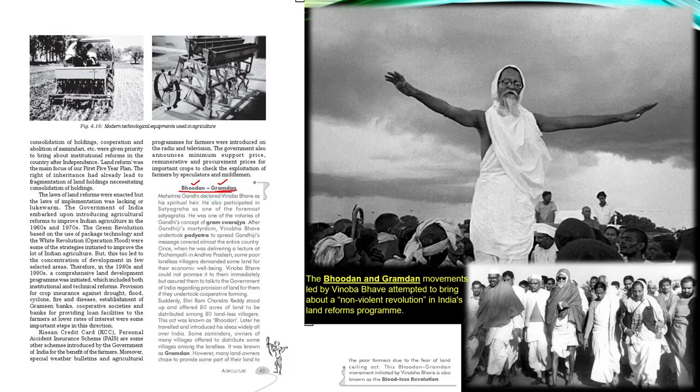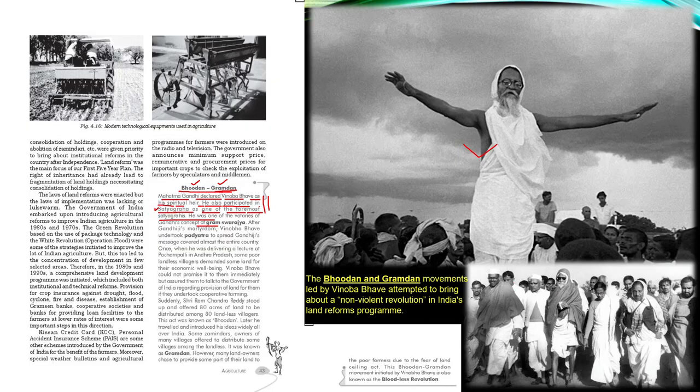So Mahatma Gandhi declared Vinoba Bhave as his spiritual heir. He also participated in Satyagraha as one of the foremost Satyagrahis. Vinoba Bhave, who was the spiritual heir of Mahatma Gandhi, also took part very actively in any of the Satyagraha that was launched by Mahatma Gandhi.